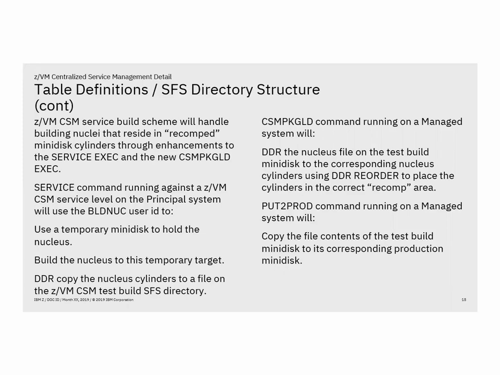So that would be the 490 minidisk owned by MAINT 720. And you could test that new CMS nucleus, and then when you run PUT2PROD, the PUT2PROD process copies those cylinders over to the runtime CMS nucleus minidisk, the MAINT 190.